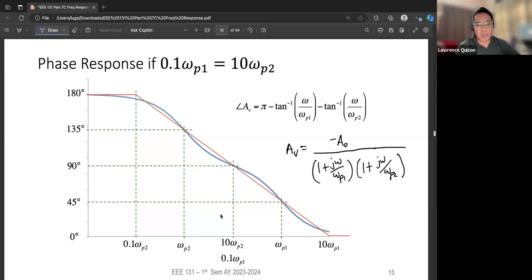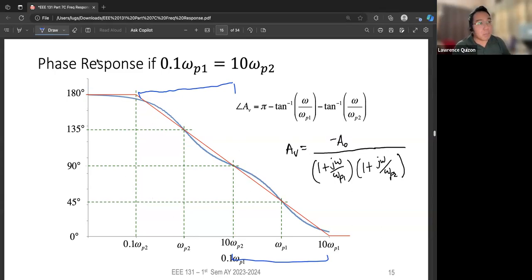Because the influence of the poles in the phase response is within the 2 decades around them. So basically, if they are 2 decades apart, here they are, so that ωP1 is 100 times ωP2 here.